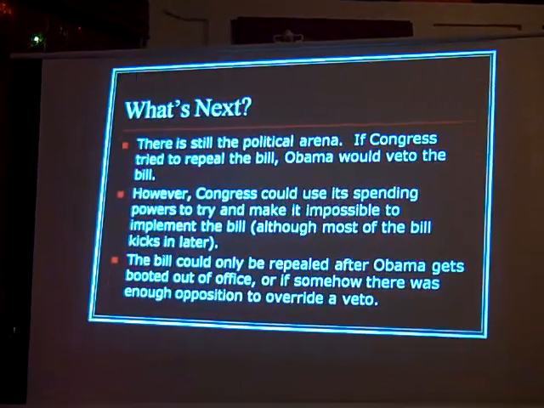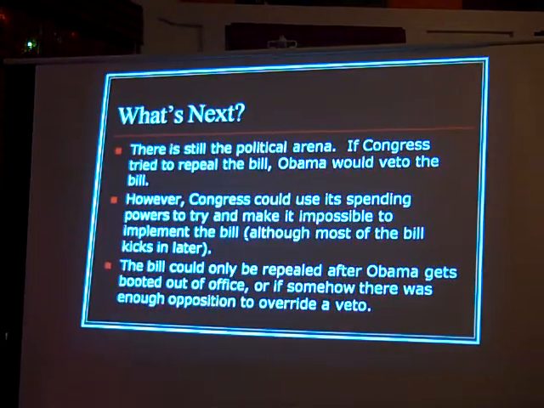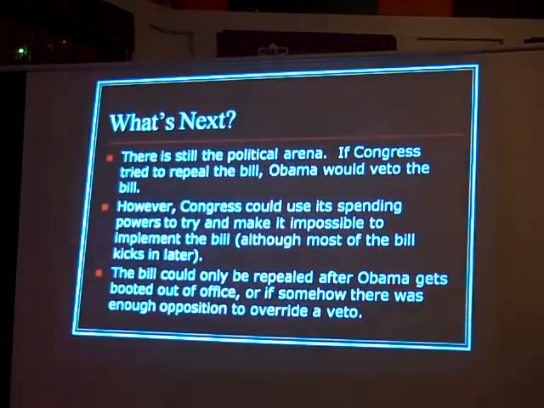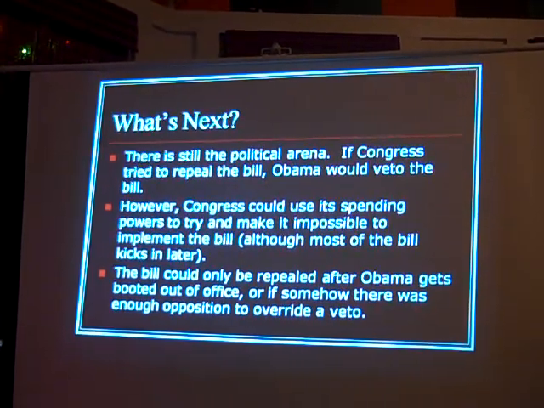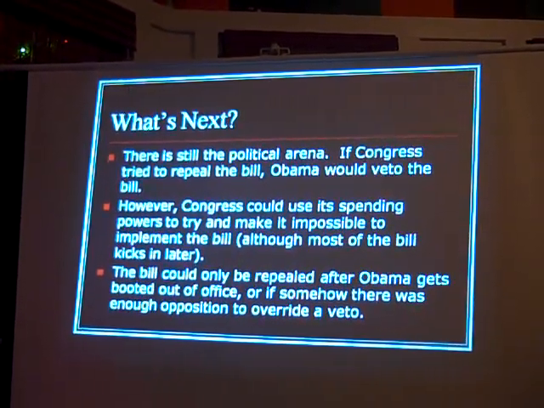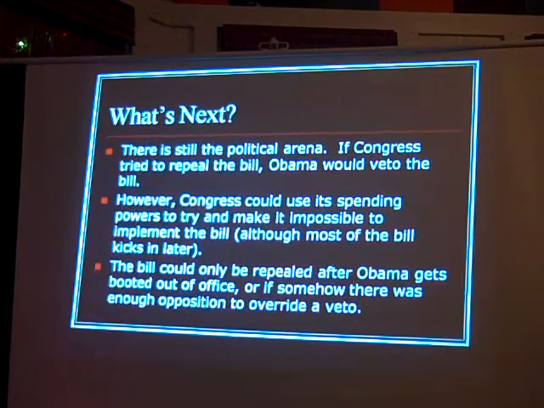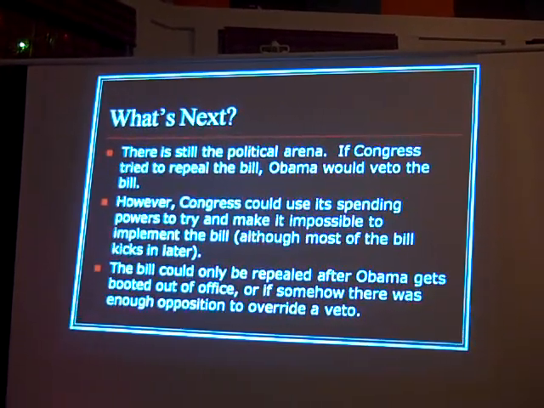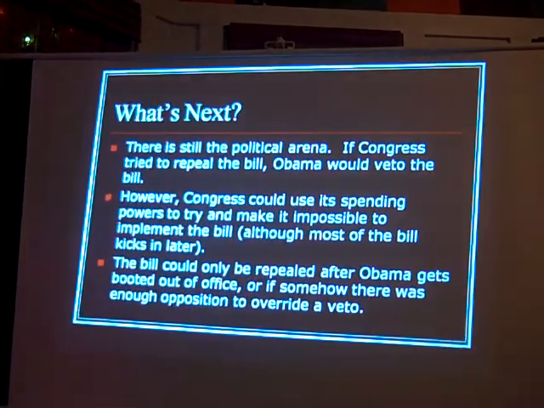Assuming that, if Obama won re-election, then we're just going to have to deal with the Obamacare bill. If he's booted out of office, then who knows? Maybe Congress could be able to get rid of the bill.